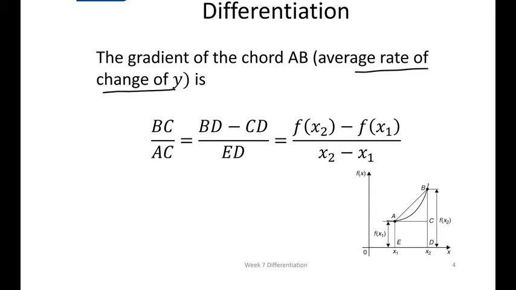Now, average rate of change is all very well, but really we need to find the instantaneous rate of change, and the only way we can do that is, instead of these 2 points being a long way apart, we bring the second point closer and closer to the first one. So then we say that the slope of a curve is going to be the limit, or the limiting value, as x2 tends towards x1, so that these 2 points get closer and closer together, of that fraction.